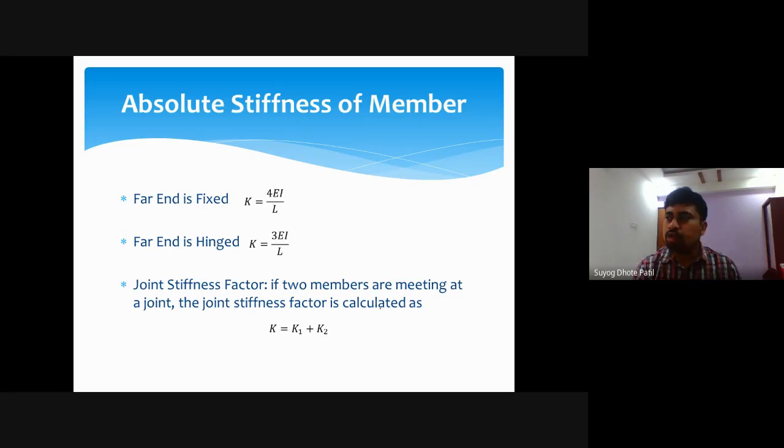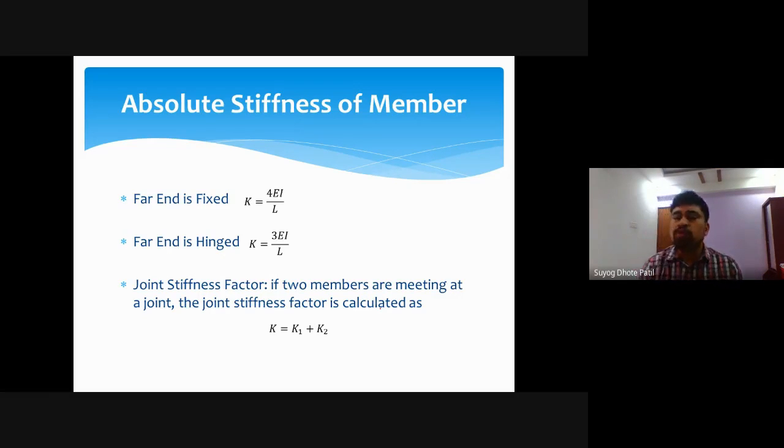Just similar to that, the joint stiffness for a particular joint will be the common stiffness or compound stiffness. Compound stiffness for a particular joint will be K1, meaning K for the previous beam, and K for the next beam.